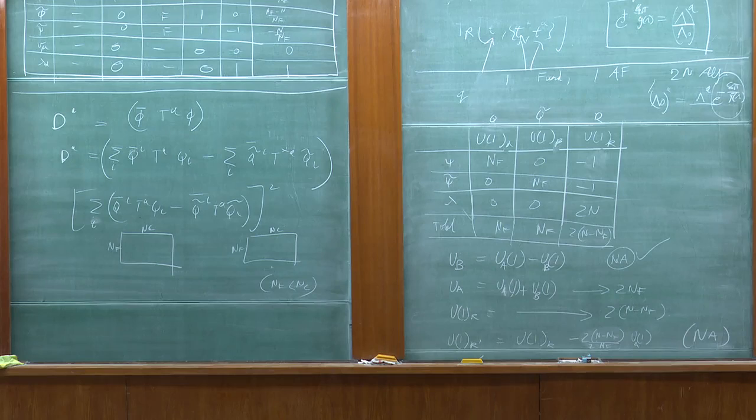Okay, any other questions or comments? Let me quickly tell you where we're headed. In this NF less than NC case that we've started studying, we will show that this theory in the absence of mass has no vacuum. So the theory is sort of sick.